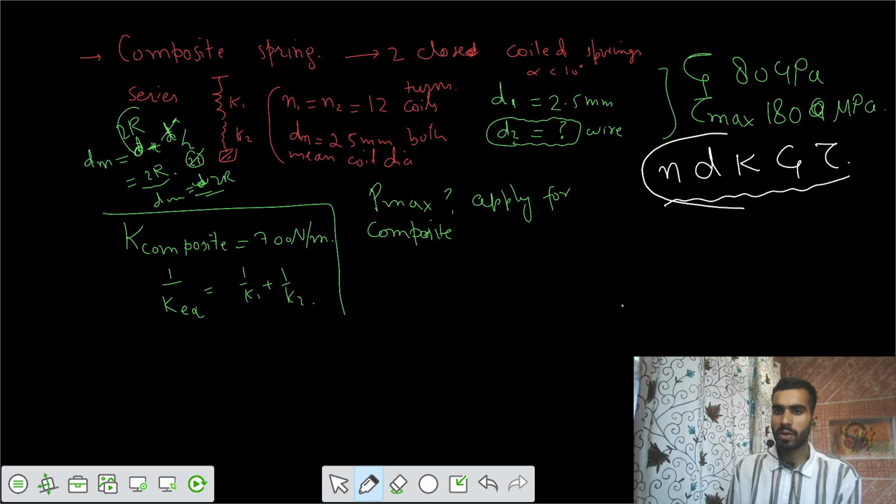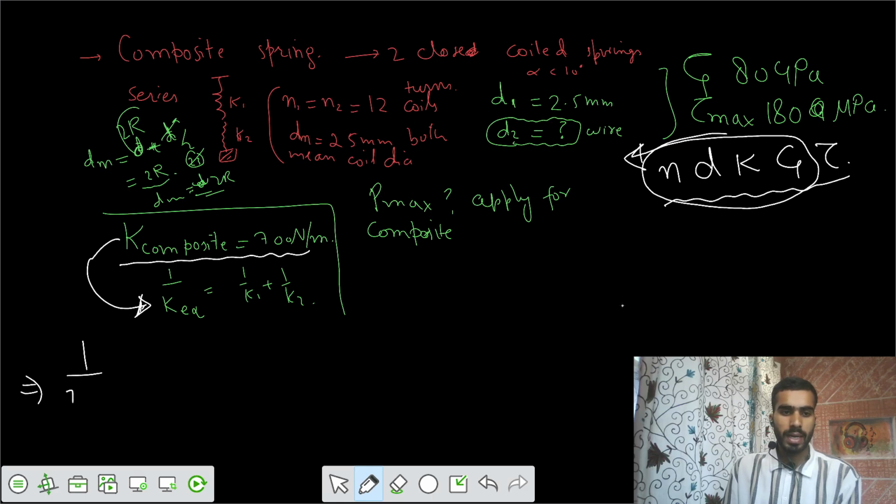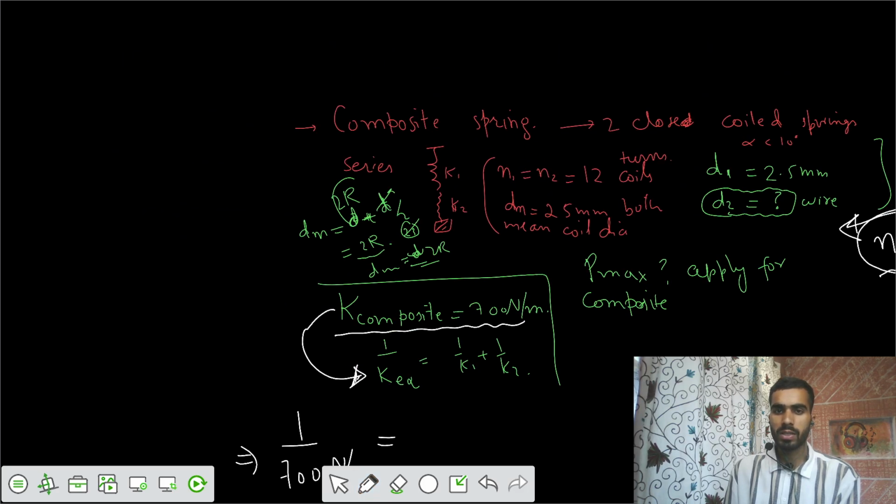If I have an equation in terms of this data, I might get something. Since it mentions a composite K, I need to use the equivalent K equation: 700 Newton per meter equals 1 by K1 plus 1 by K2. What is the equation for K?